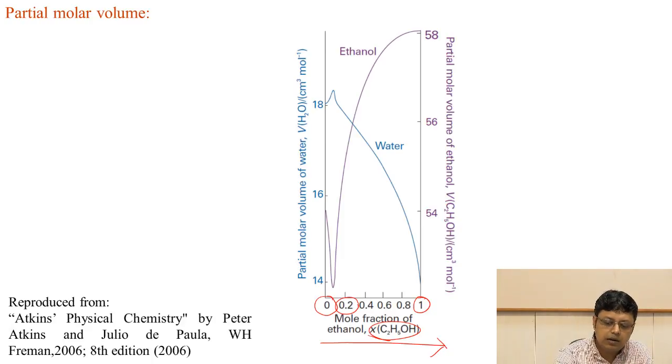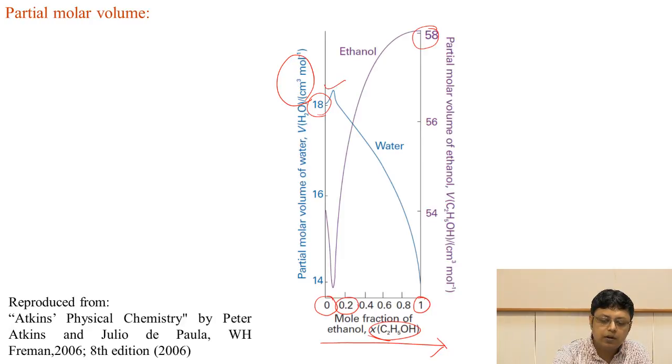Now you see here that the molar volume of water, in units of centimeter cube per mole, is 18, because the molar mass of water is 18, and for ethanol it is 58.